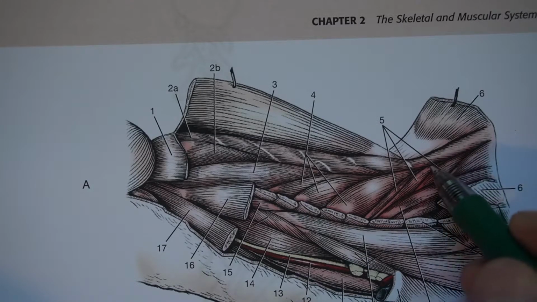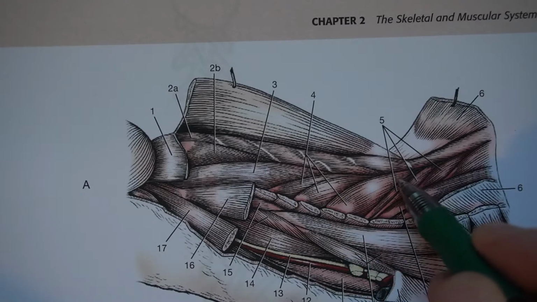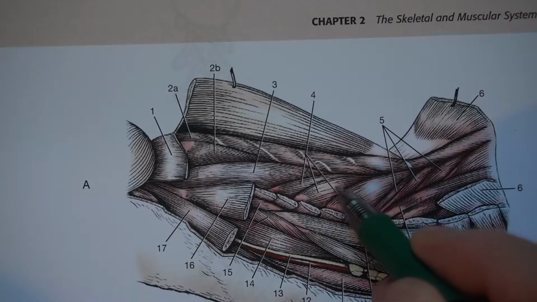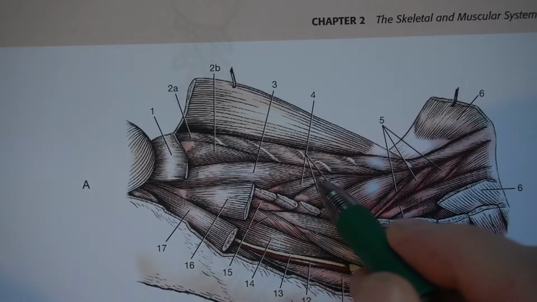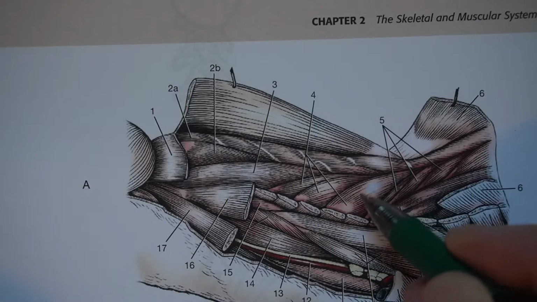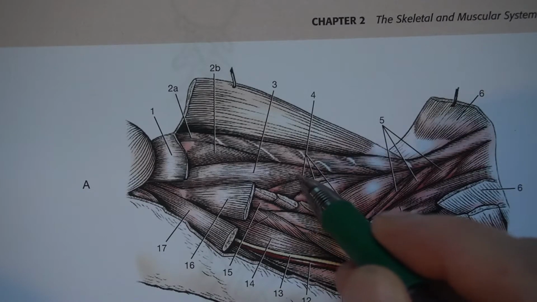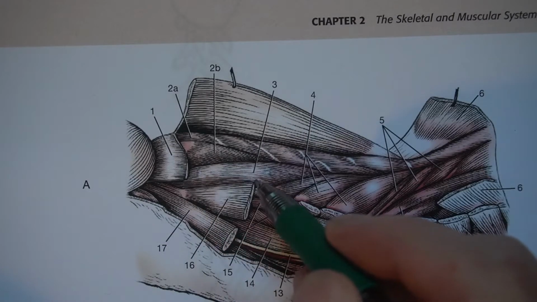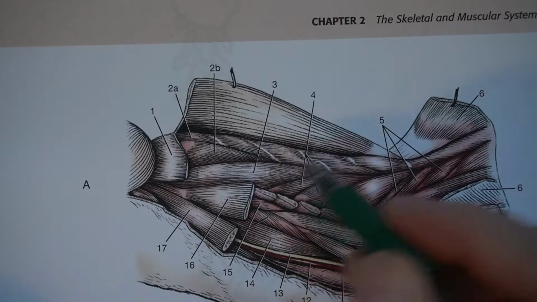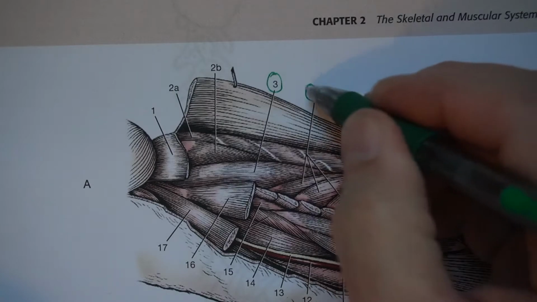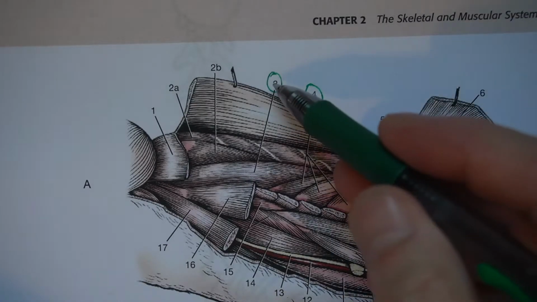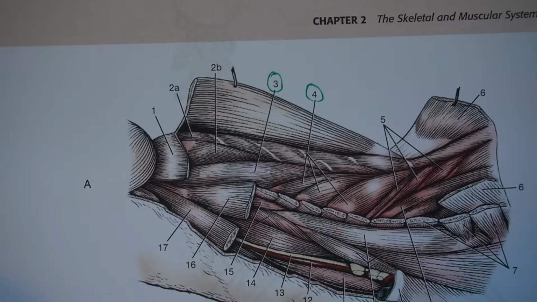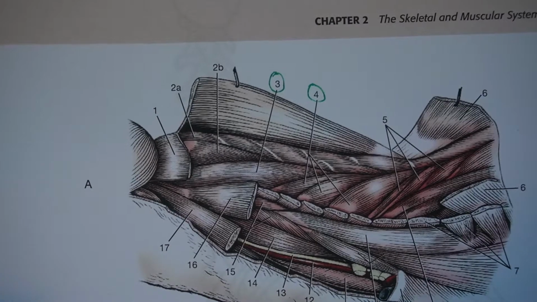You'll see the longissimus system come up past that, and you see all these pieces coming down and heading ventrally. That's the cervical part, attaching all this to the cervical vertebra here. And the last part will take a straight shot up towards the skull, and that is the longissimus capitis piece there. So 3 and 4, that's your longissimus part to the head and the part to the neck.